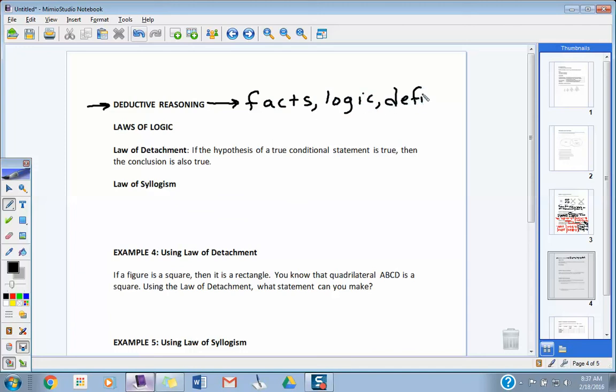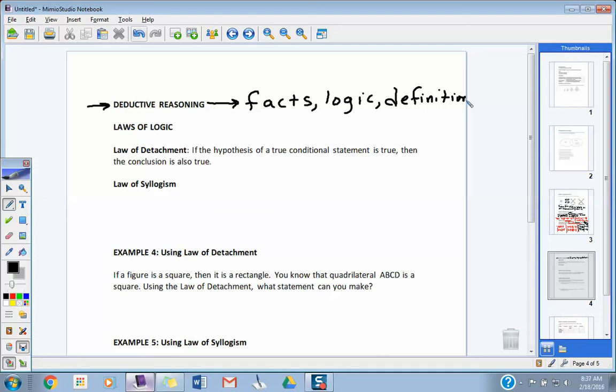I just want to give you an idea of what we're talking about. We're basing stuff on facts or logic or definitions. There's going to be two laws that come in here with deductive reasoning. There's going to be what's called the law of detachment and the law of syllogism that allow us to make some reasoning based on facts or make some conjectures based on facts.